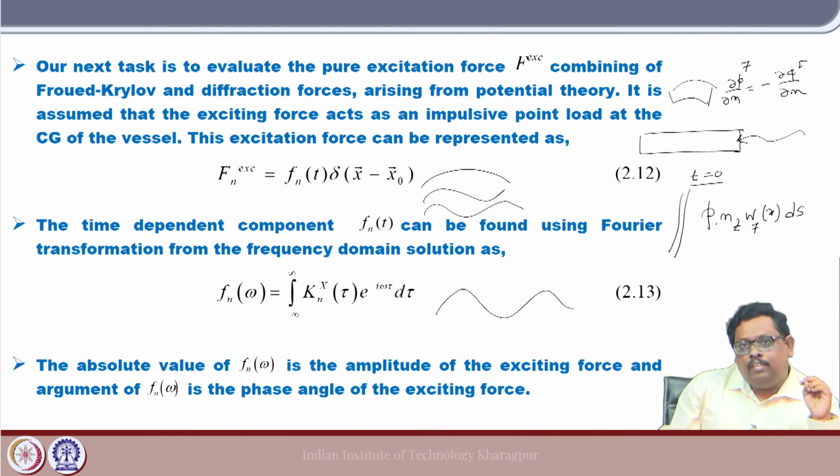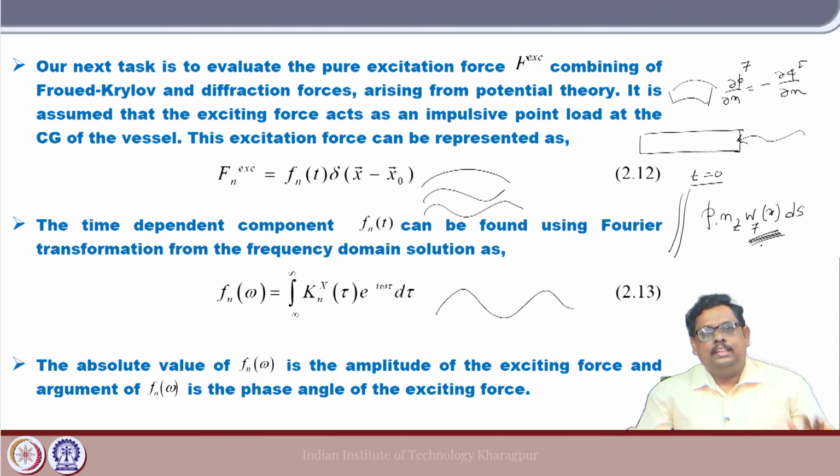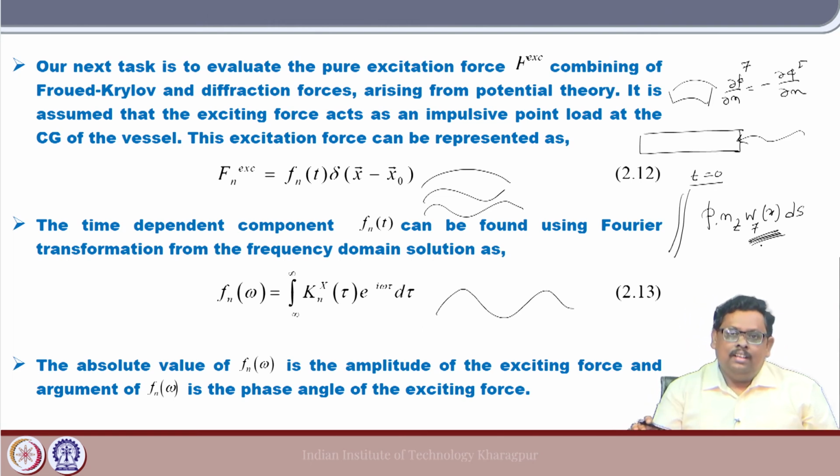Now, apply this boundary condition to get the potential phi, and from that get the pressure P. Then when you integrate the pressure P to get the force, only at that time do I multiply with the respective mode shape. So this is how I can get the pressure in the frequency domain. We have to do all this exercise to get the data in the frequency domain.